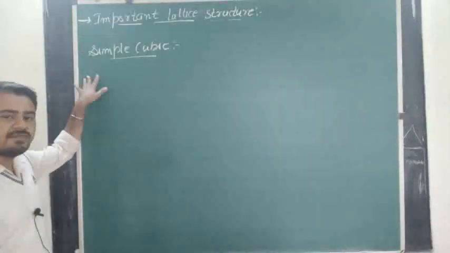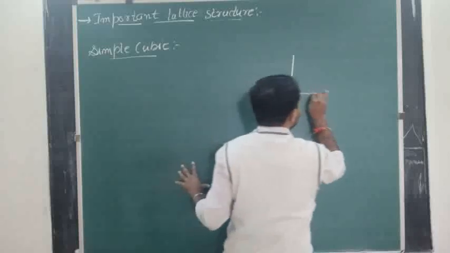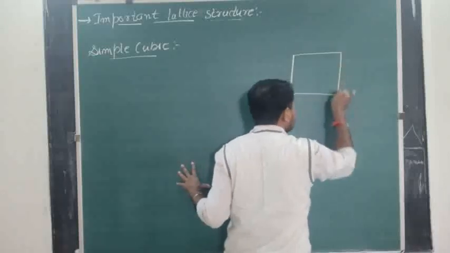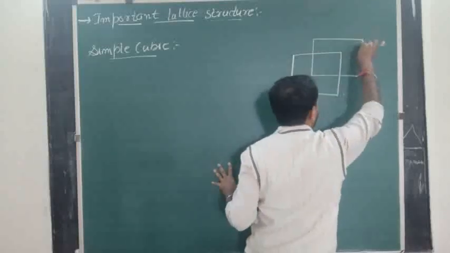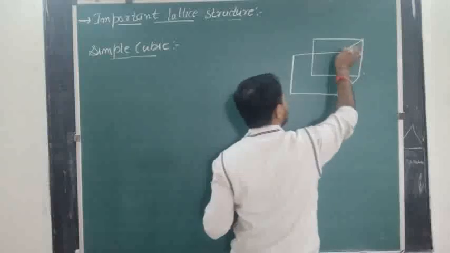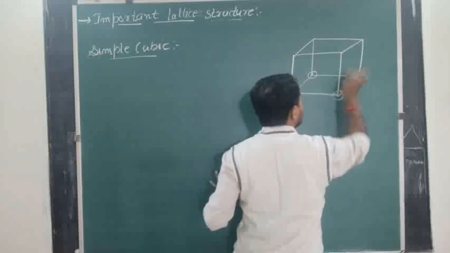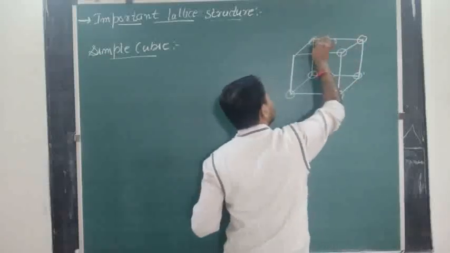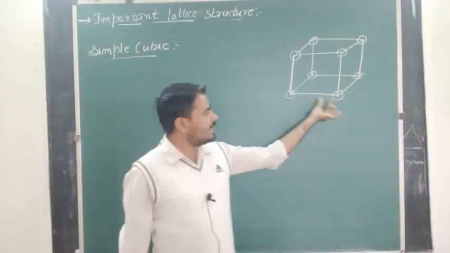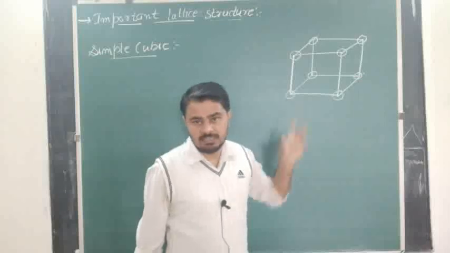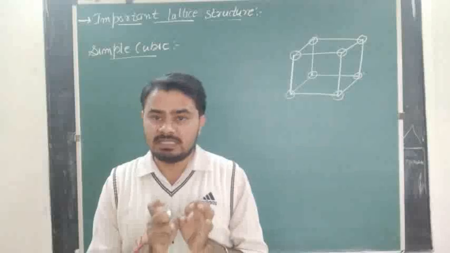Now in case of simple cubic structure, I take a cubical structure whose length is a and atoms are present at each corner of the cube. Clear? Here you should mind that when I draw, these atoms are separated in the drawing, but in actual case these atoms touch each other.